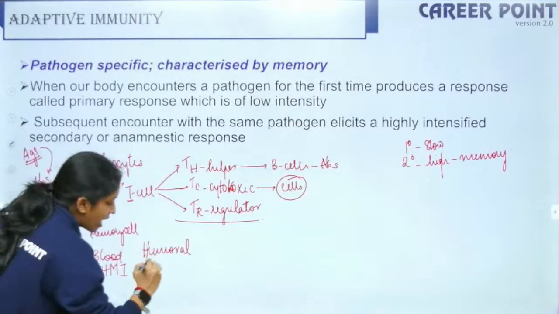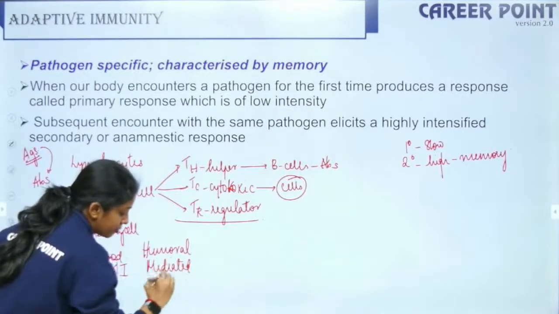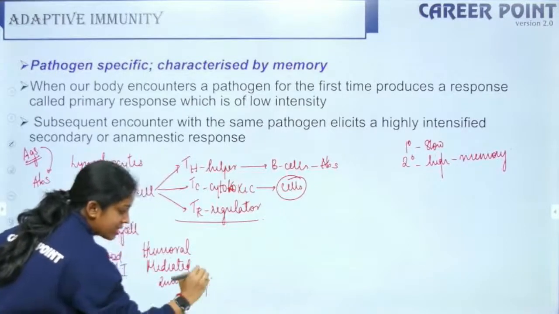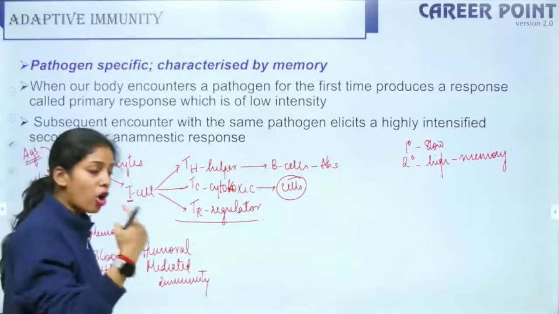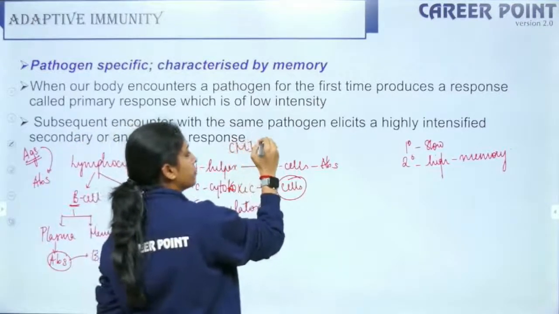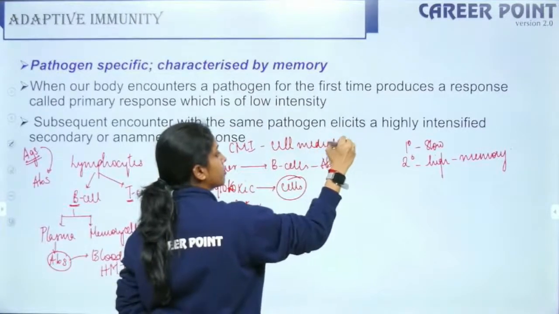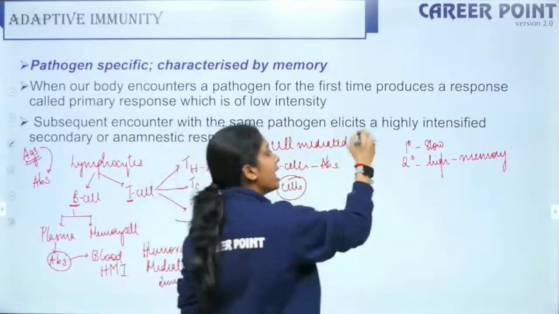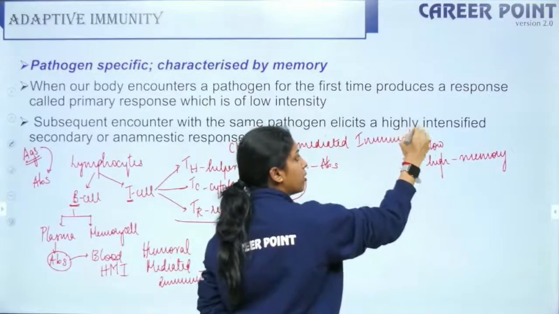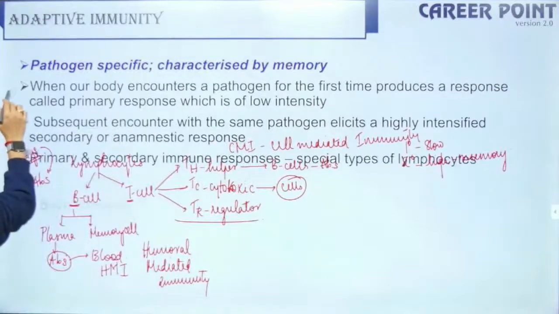That is why it is humoral mediated immunity. Fine. Since the T cell actually attacks or stimulates the other cells, they are called CMI, cell mediated immunity, because they stimulate the other cells, right? So these are the two things that you should remember when you talk about acquired immunity. Fine? Okay.